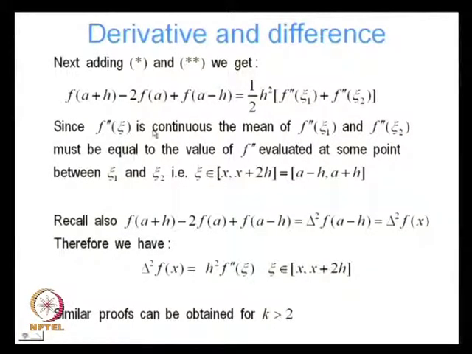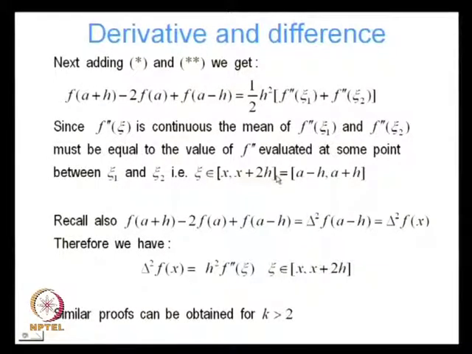Now, since f double prime is a continuous function, the mean of f double prime xi 1 and f double prime xi 2 must be equal to the value of f double prime evaluated at some point between xi 1 and xi 2. Therefore, xi must belong to this interval.